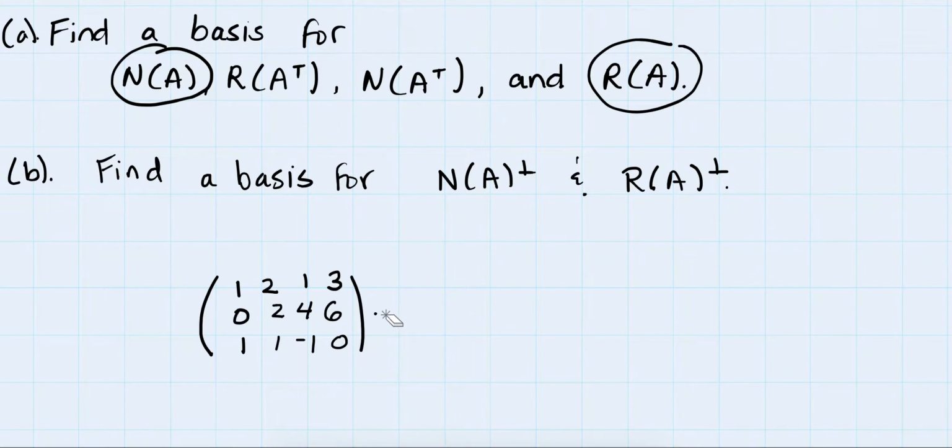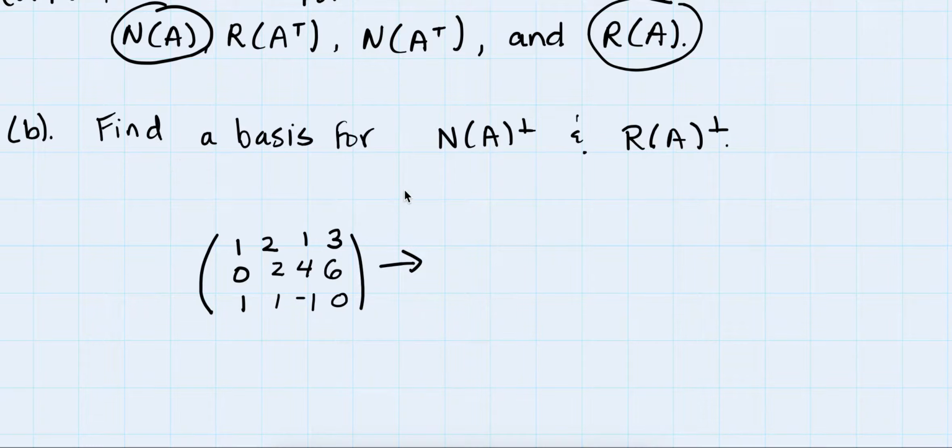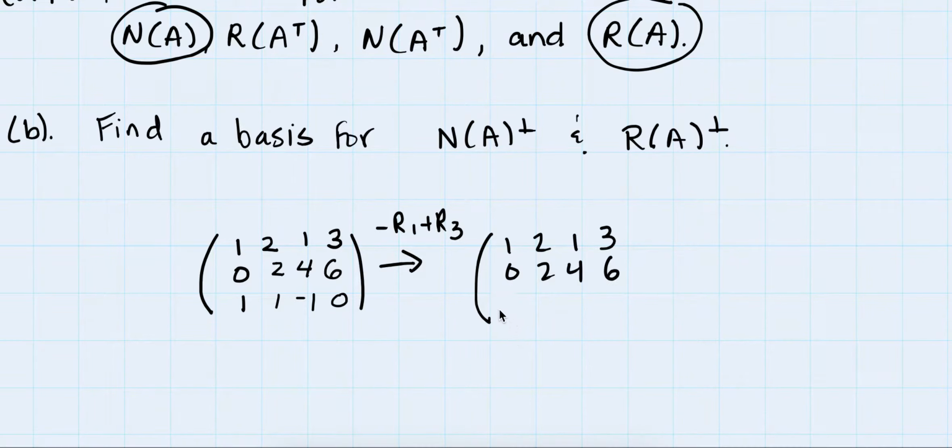What I'm going to do is subtract row 1 from row 3. So negative row 1 plus row 3. That's my first step. So this will be negative 1, negative 2, negative 1, negative 3.